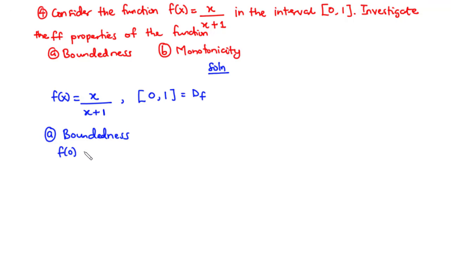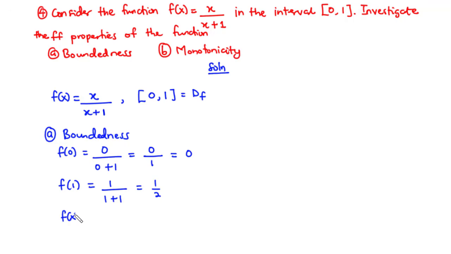So f of 0: in place of x we have 0 divided by 0 plus 1, which is 0 divided by 1, that is 0. And then for f of 1 we have 1 over 1 plus 1, and that is equal to 1 over 2, so we have half.